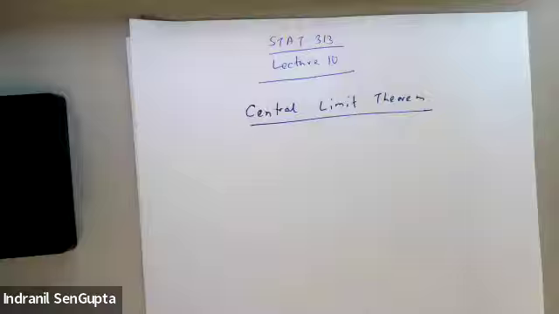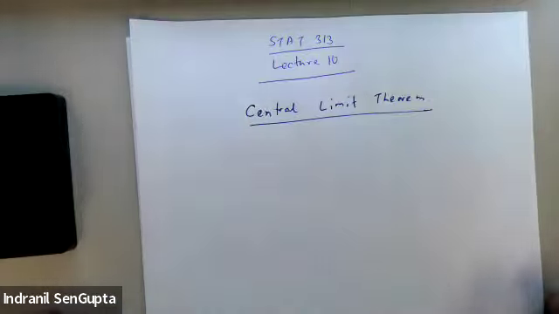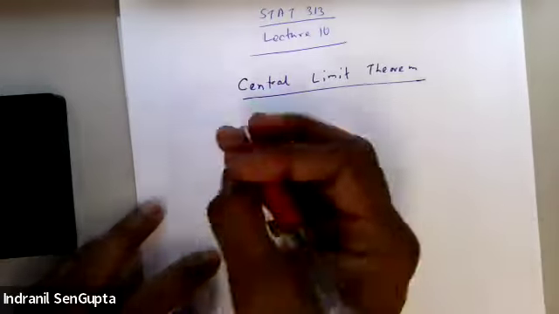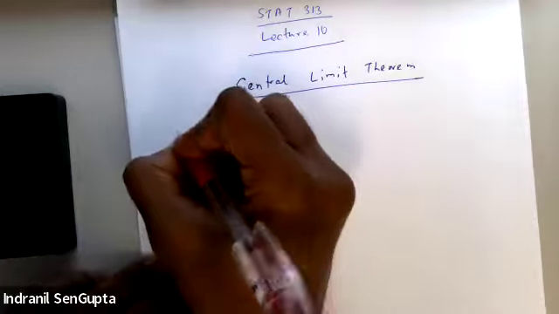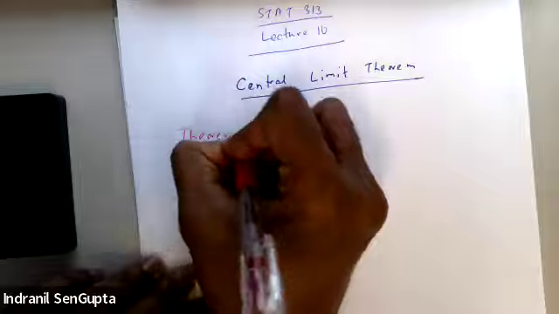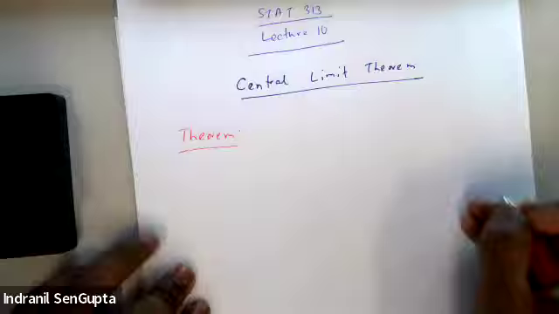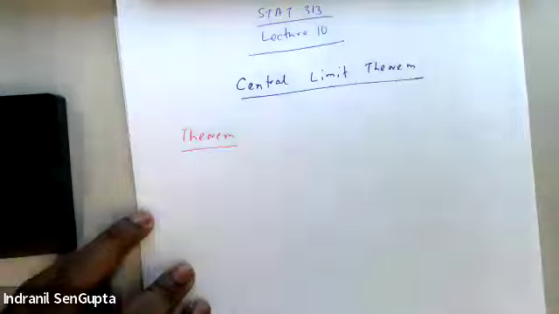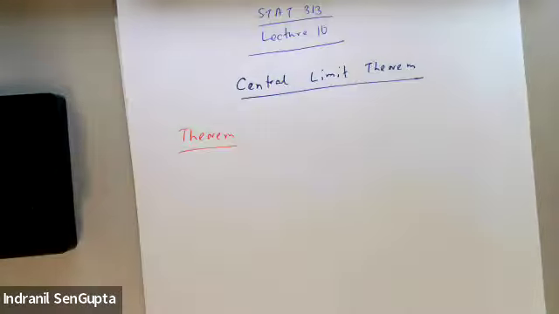We have seen a version of it before, but let me just start by writing the theorem. So theorem, it goes like this. We have a bunch of IIDs.